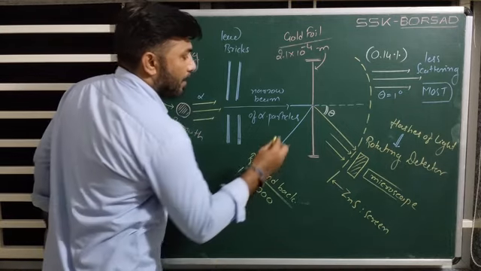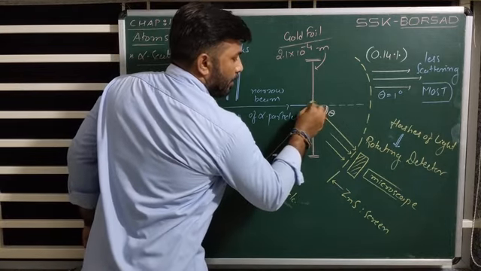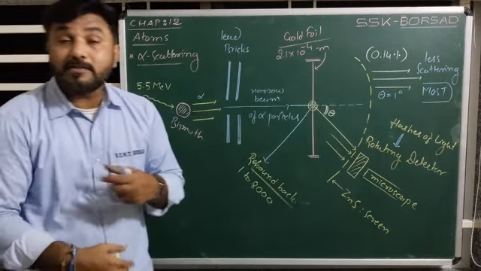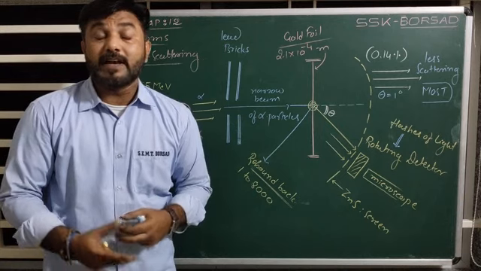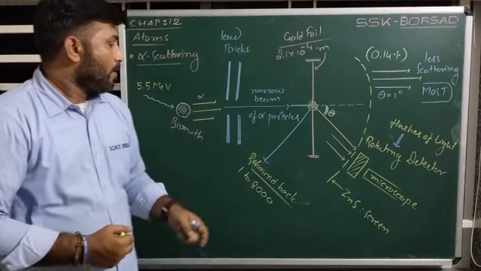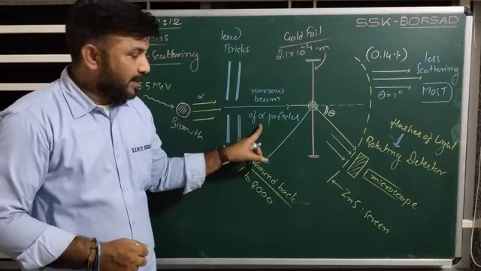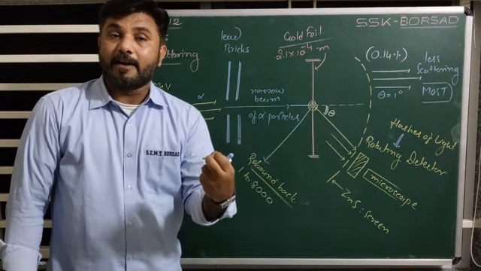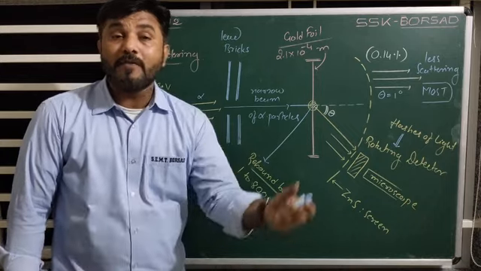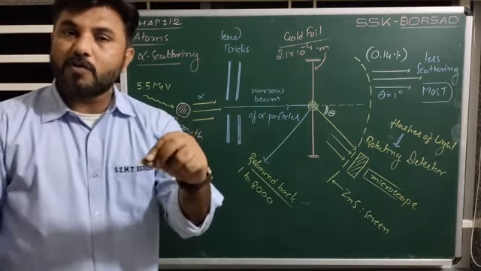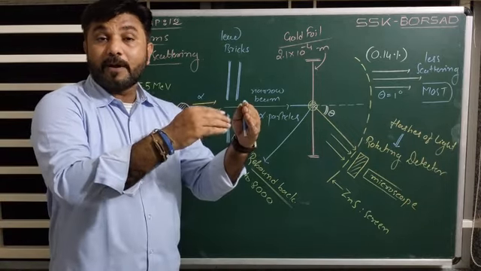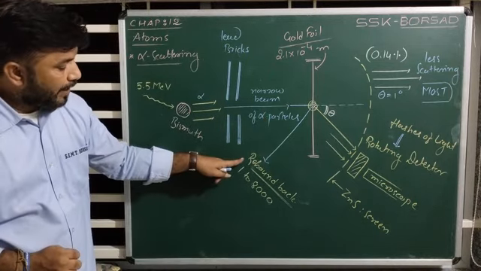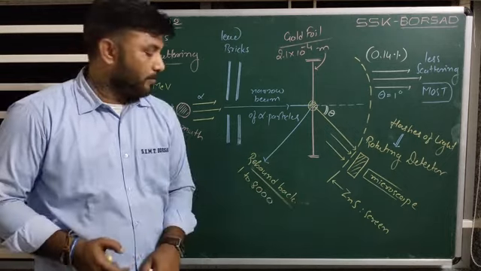Means here there are some charges which have positive charge. Why? Because alpha has positive charge, there are some charges inside the atom which also have positive charge, and because of that plus plus, the alpha particle repels, and because of that it rebounds back.